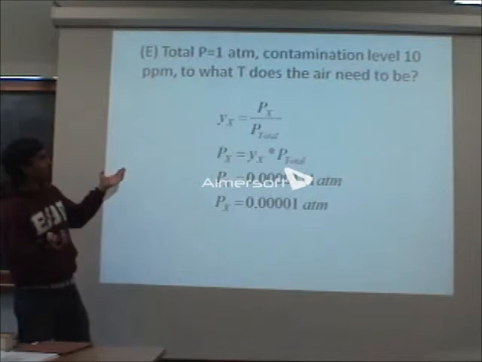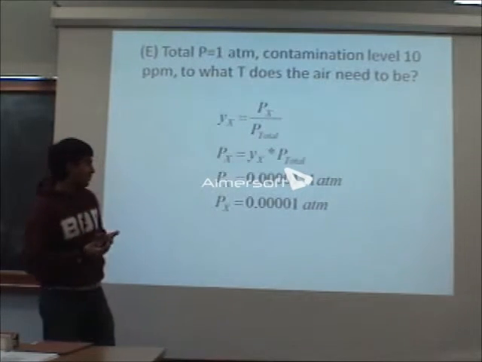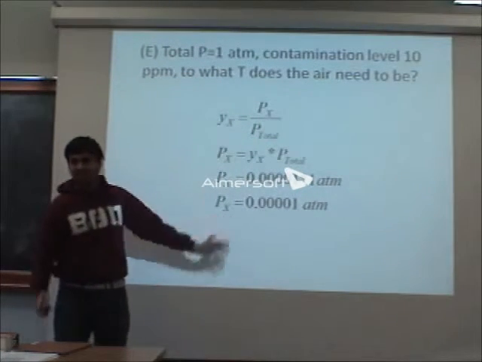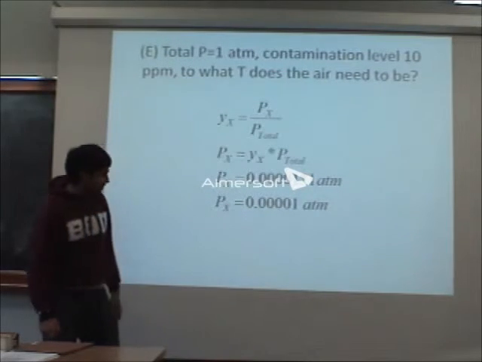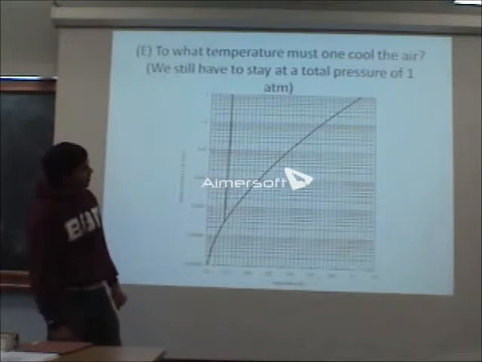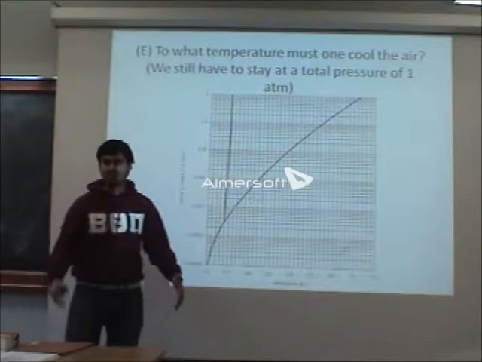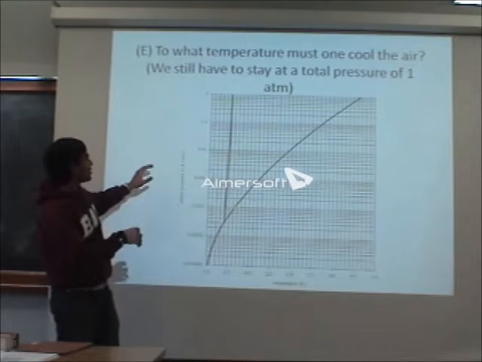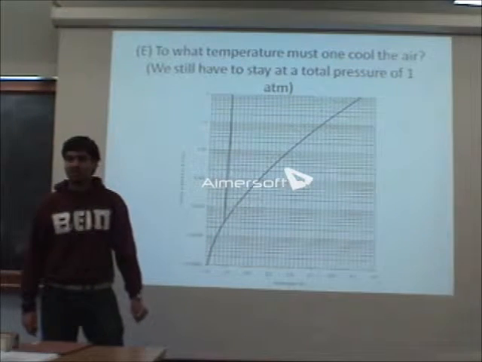We know that we want a contamination level of 10 parts per million, and so we can use a similar technique we used in part A to find the partial pressure at that contamination. Now, what temperature do we need to cool our X to get to that level of contamination? Suggestions?